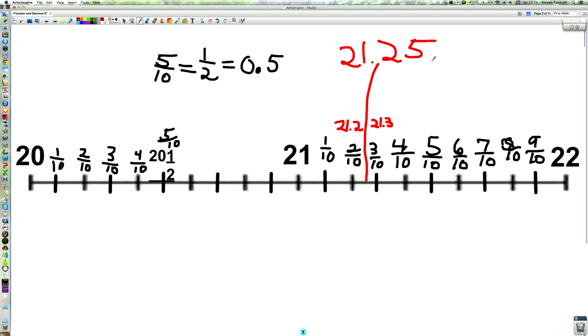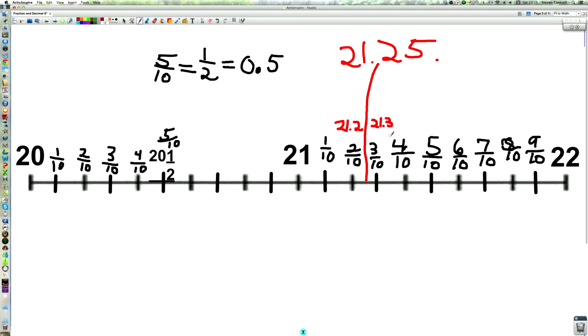And what decimal would you put if I asked you to mark 21 and 3/4? What would be the equivalent decimal for that? 3/4. Think of money. Think of 100. 3/4. What would that be?